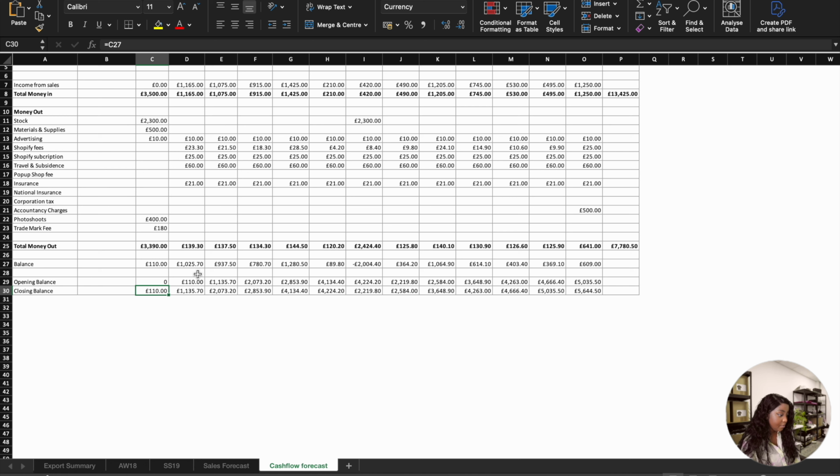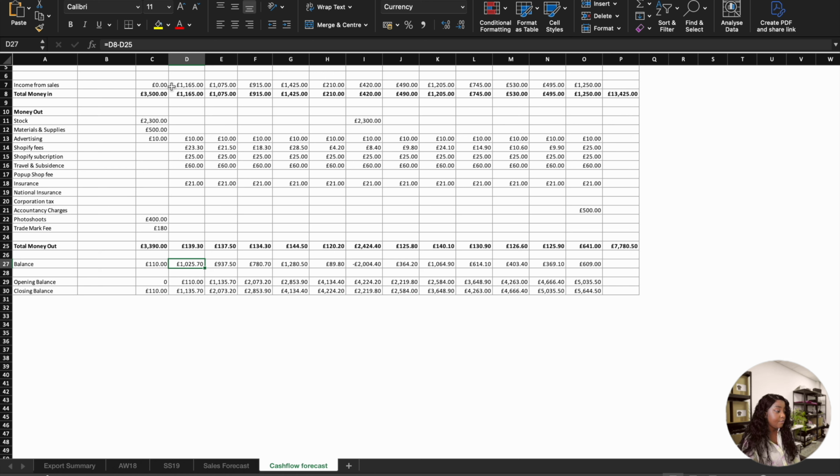So the next month is going to take into account this figure and also the money that's going out as well as the money that's coming in, and it's going to populate that to show what the balance is. So it's taking this figure here, subtracting this figure here, adding this figure because it's a positive, and then that's how we're going to come up with our closing balance here, if that makes sense.